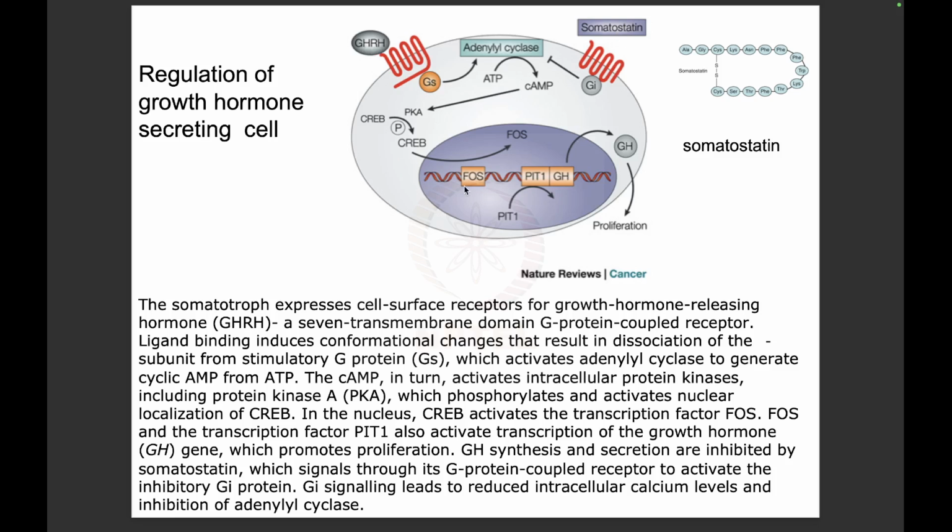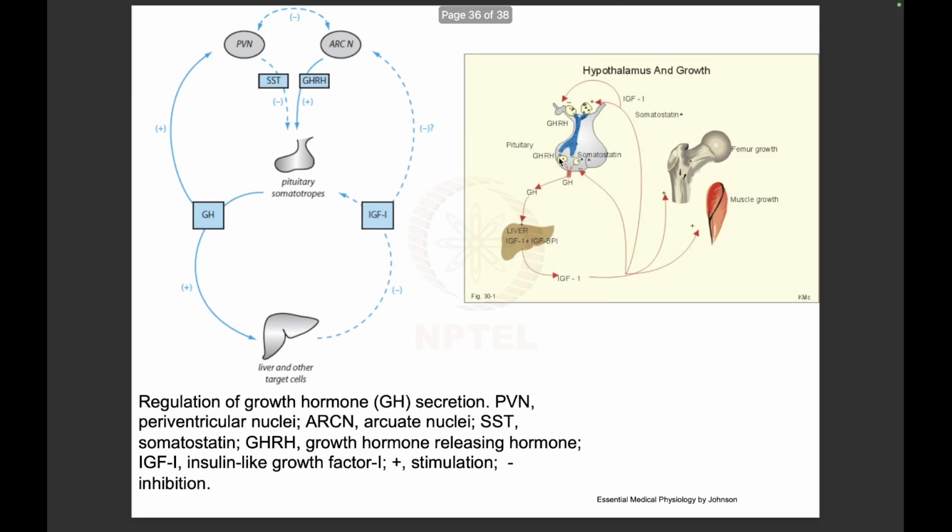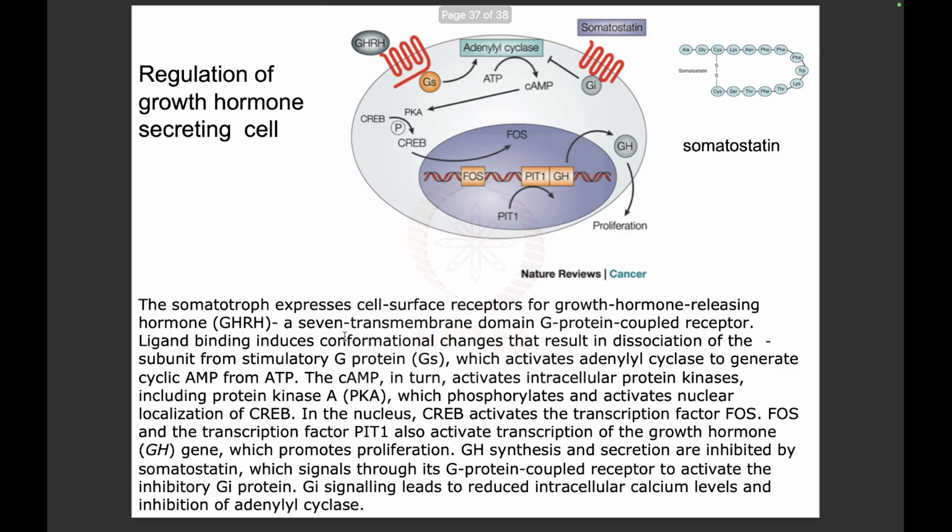Here we are seeing that the somatotroph expresses cell surface receptors for growth hormone releasing hormone, a seven-transmembrane-domain G protein-coupled receptor. Here this pituitary cell is a somatotroph. Here I will be showing the effect of both of these hormones. It has a receptor for growth hormone releasing hormone and also for somatostatin.